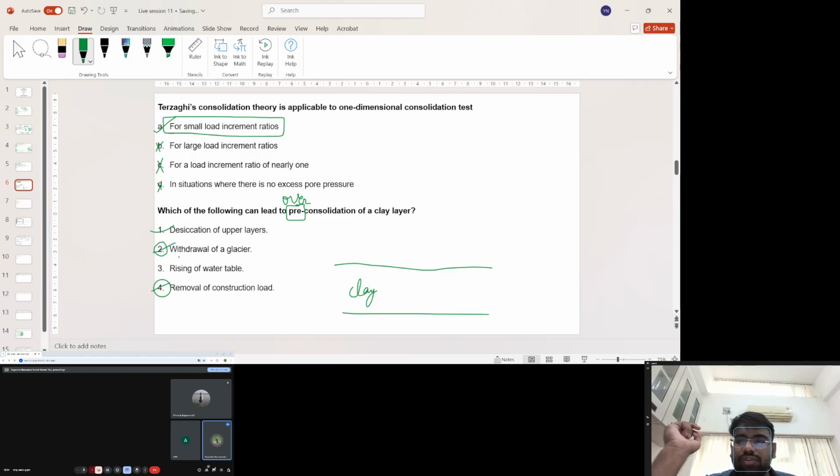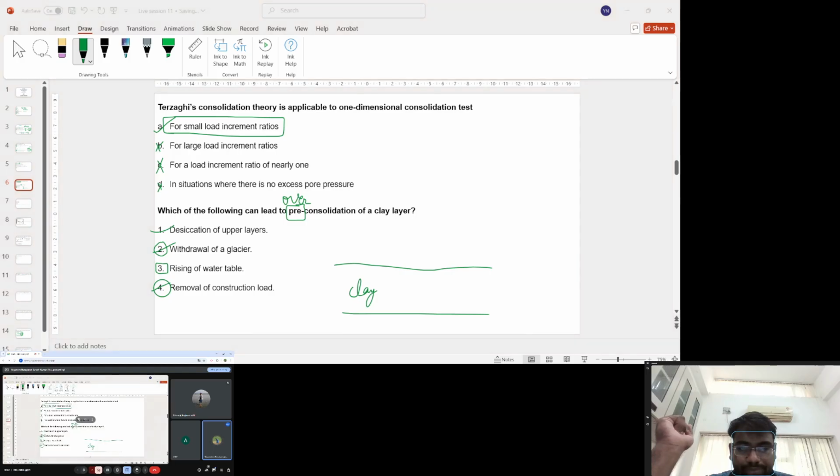So, regarding pre-consolidation of a clay layer, in my opinion it will be option 3. Any doubts? Still, there was a small confusion, sir. The second and first one look like opposite words, sir.